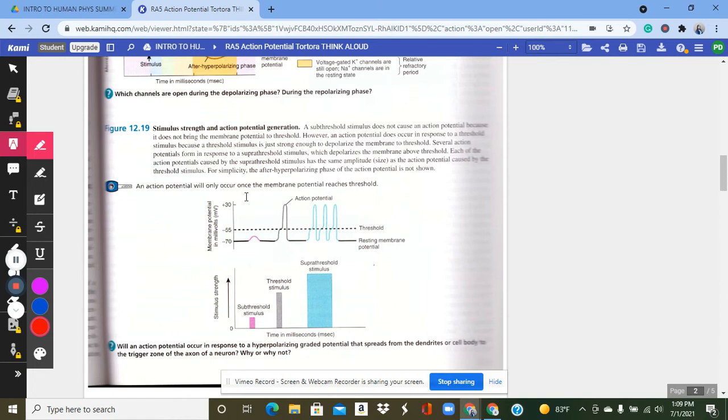So, looking at this graph, let's see. As time in milliseconds increases, the stimulus strength also increases.